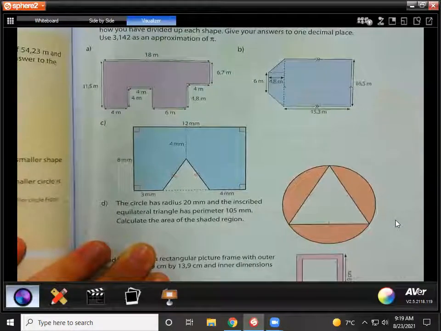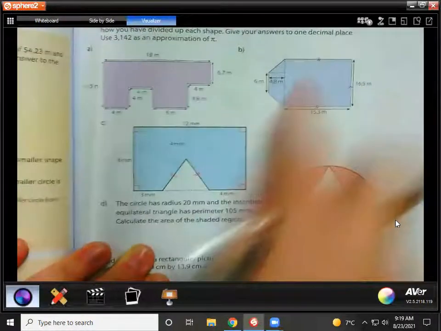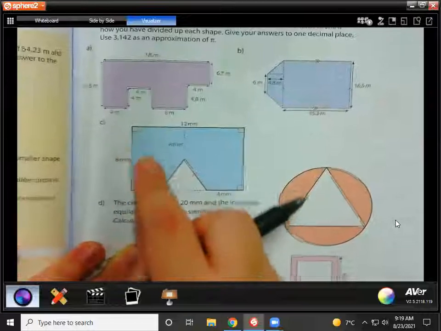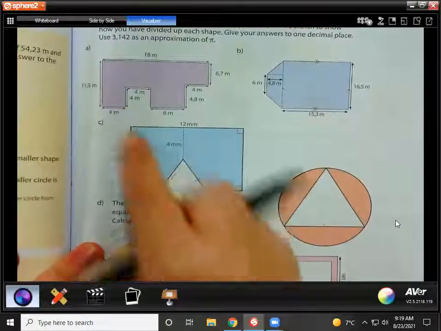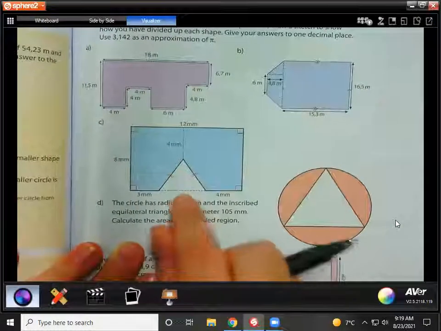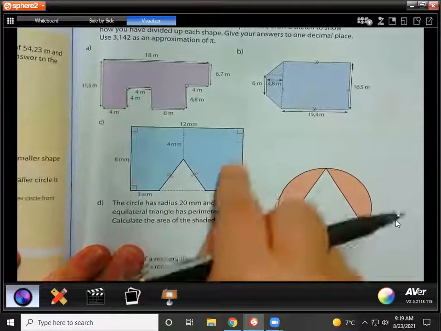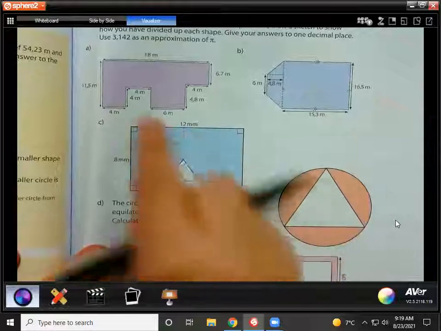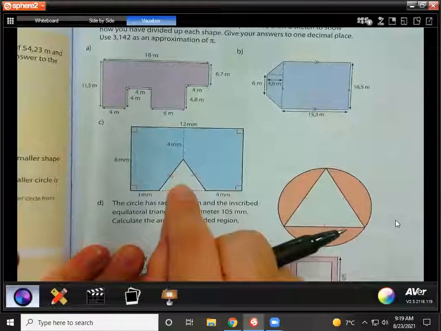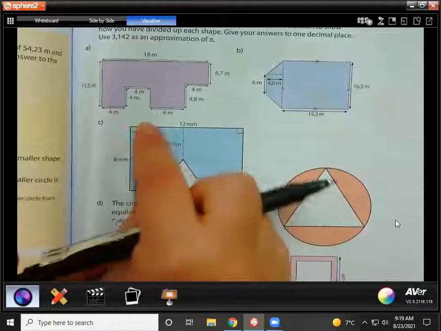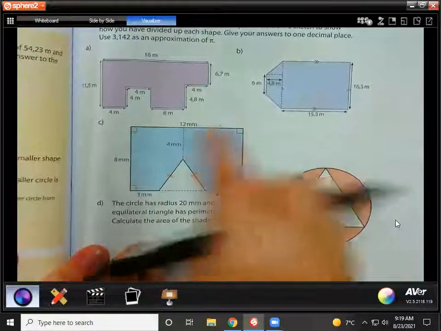Okay. For C, you're not doing B, you're then doing C. Now here, do we see that it is a rectangle minus a triangle? If you have to find the area of this blue figure, it's a rectangle minus a triangle. Now they've given you that that side is 12 millimeters.